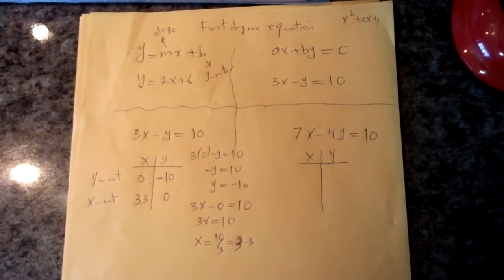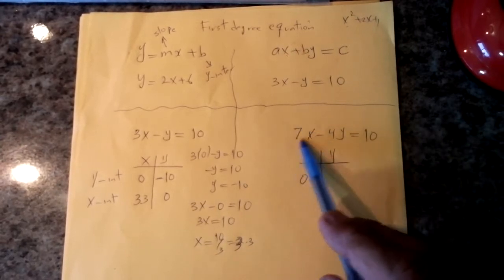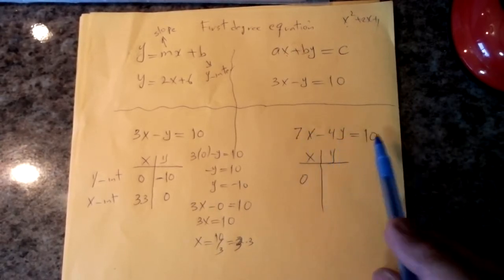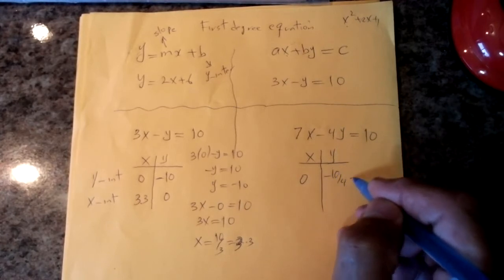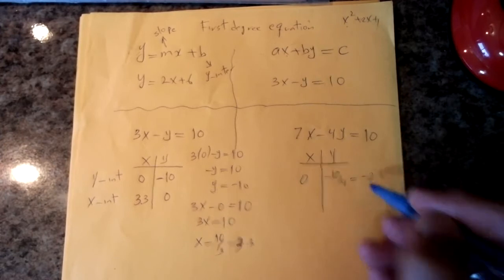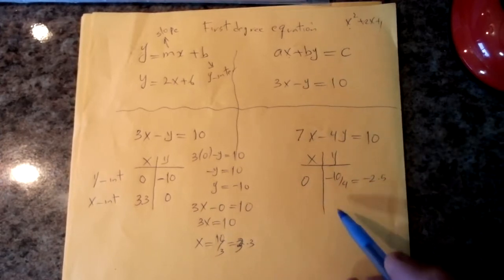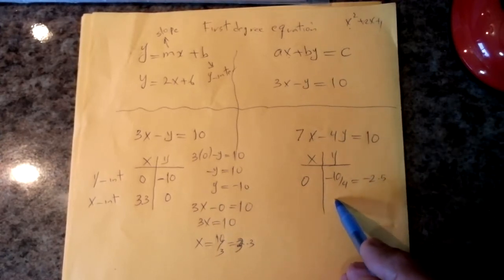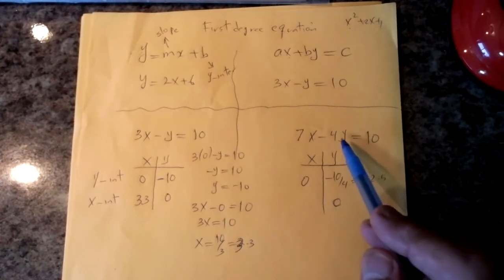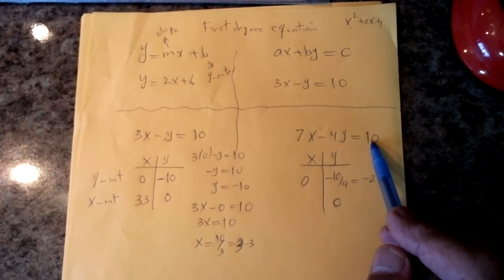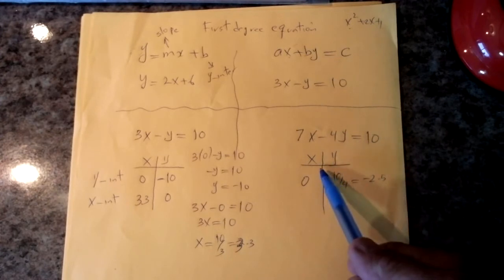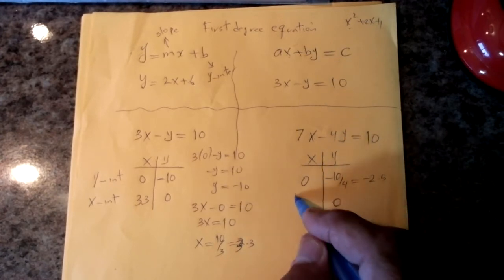When x is 0, this 7x is gone, so minus 4y is 10, or y is minus 10 over 4, or minus 2.5. When y is 0, then 7x is 10, and x is 10 over 7.